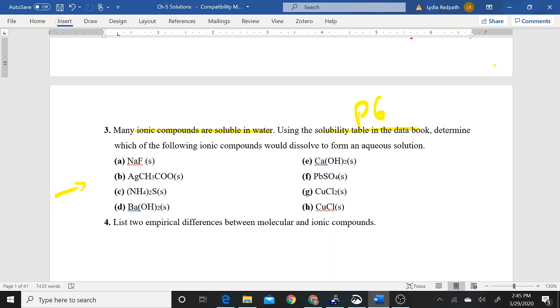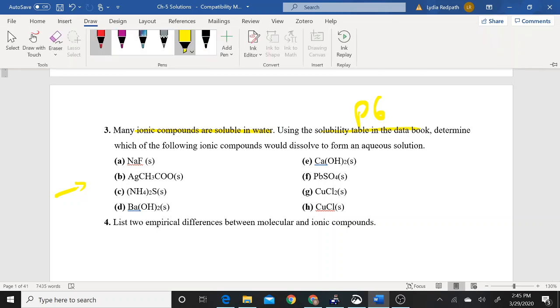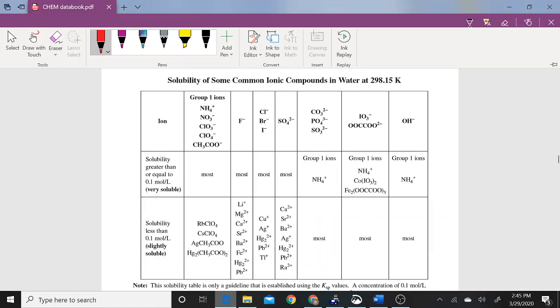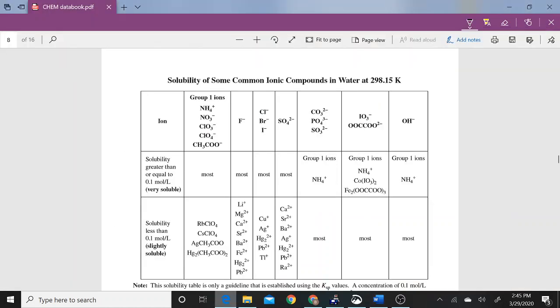So let's check out our data booklet. If we don't already have that up, now's the time to get that out. Again, this is on page 6, and this top table is the one we really want to look at. If you remember how to use this table, we scroll across the top until we find typically our anion, our negative.